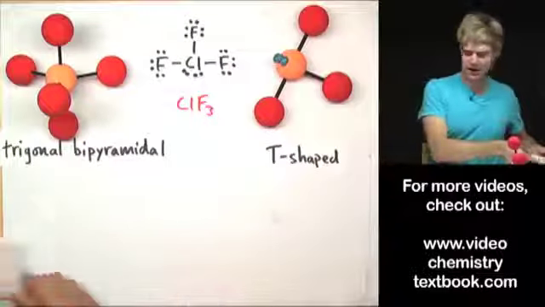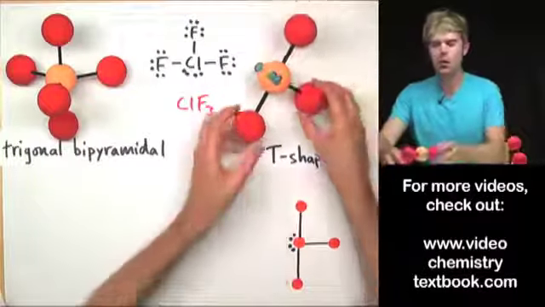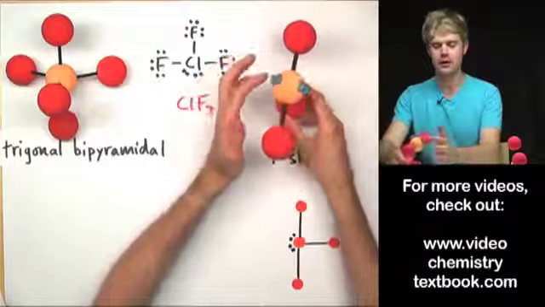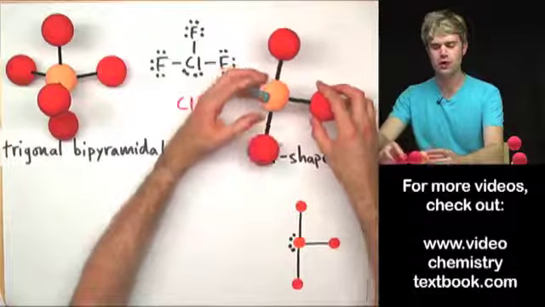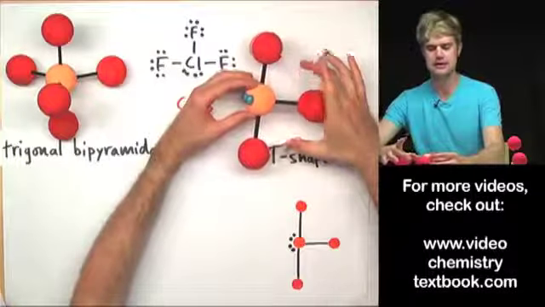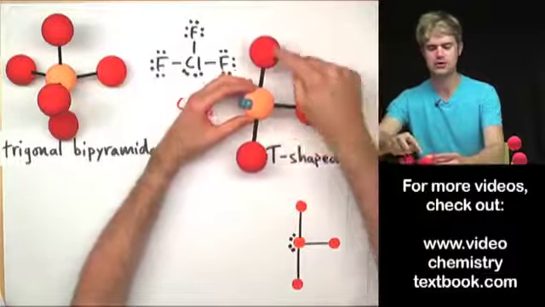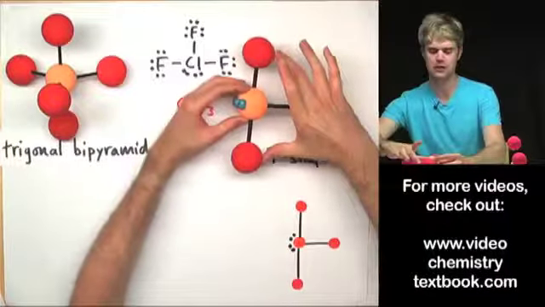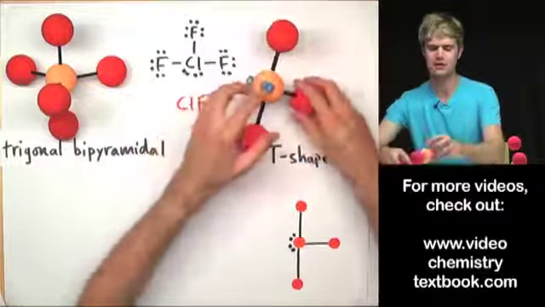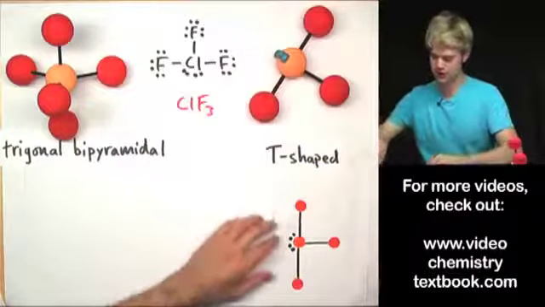Now, bond angles for the T-shaped. We have an unshared electron pair here and an unshared electron pair here, which means that, as we said before, these are going to be pushing these atoms inward. So the angle is not going to make a straight line because these are going to be pushing like that because of the repulsion from those electron pairs.